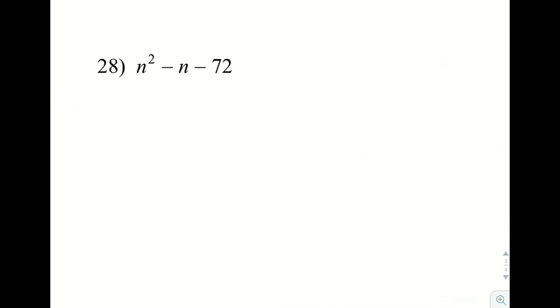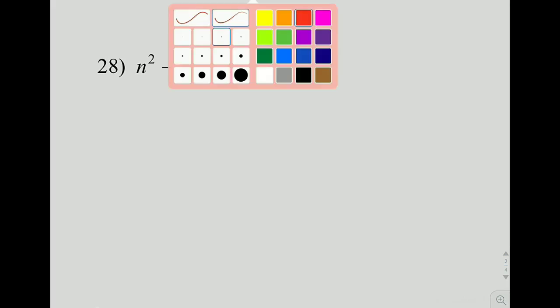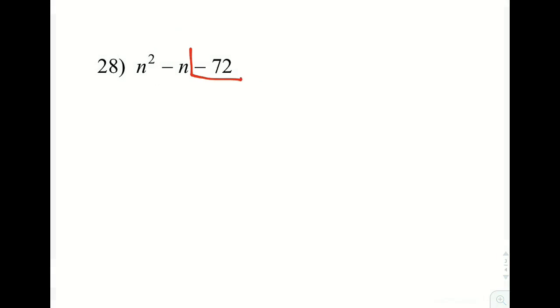Last one here, just a good example because it's a little tricky. We are multiplying to negative 72. Always make sure you include that negative. And we are going to add to negative 1. When you don't see the letter or the number in there, you want to make sure you remember that it is a 1 and keep that negative. So adding to negative 1.